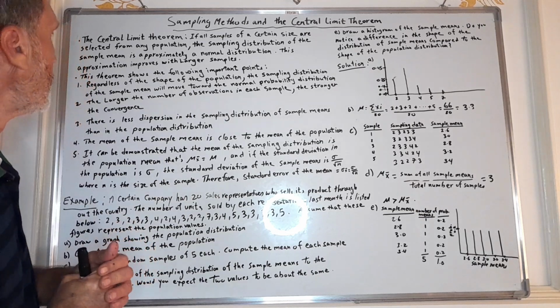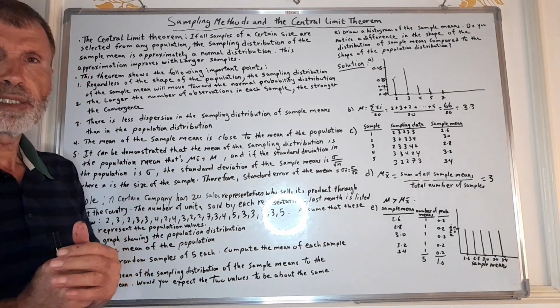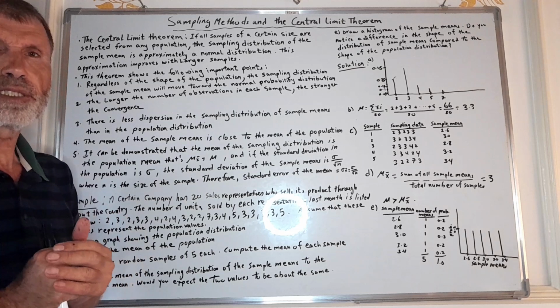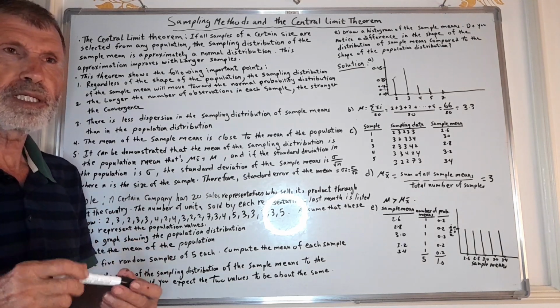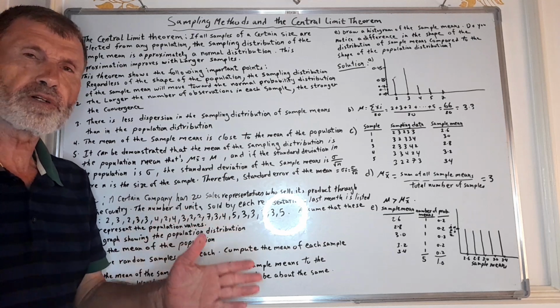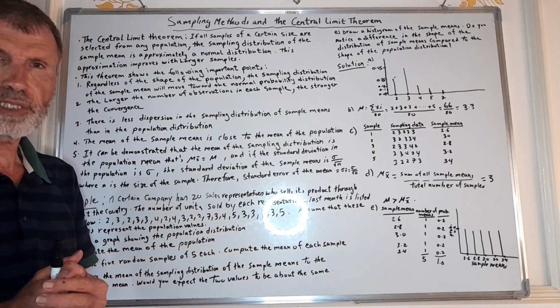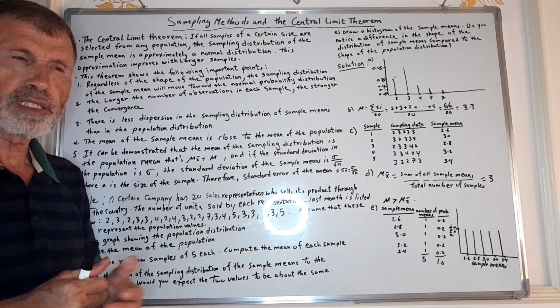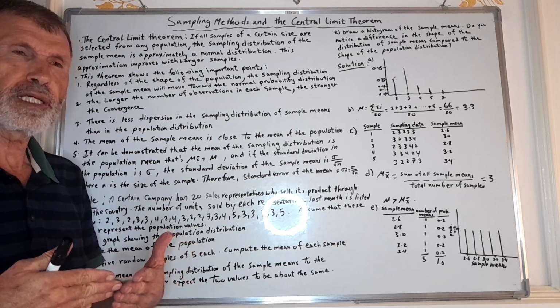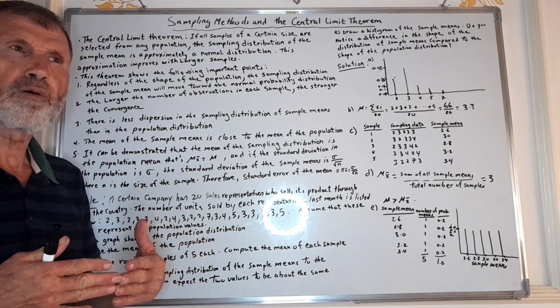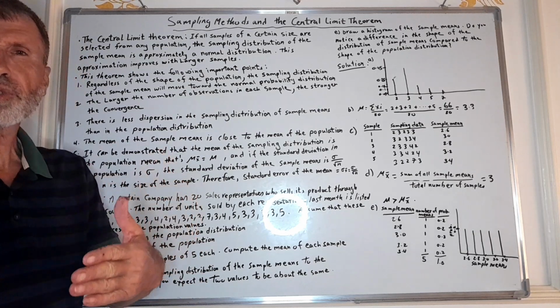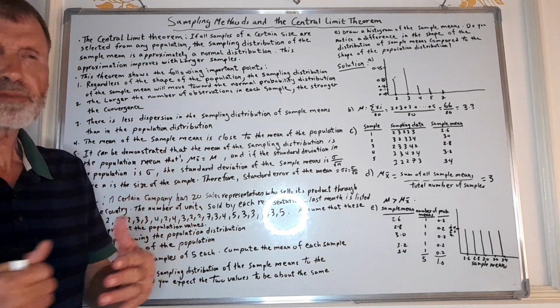Okay? The example presented in the chapter consists of 40 items in the population, and the distribution of the population was positively skewed.